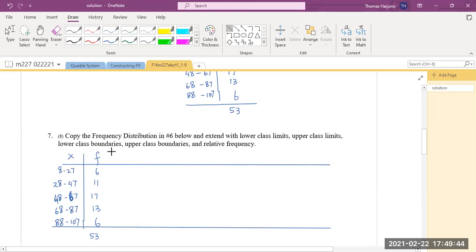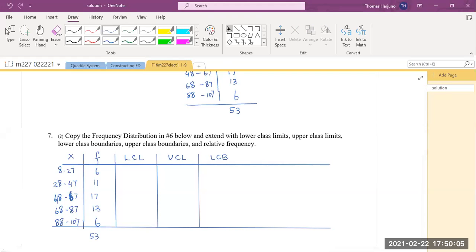Now then, I can ask you to do this, and give you some time. Lower class limit, upper class limit, lower class boundary, upper class boundary, and then relative frequency.